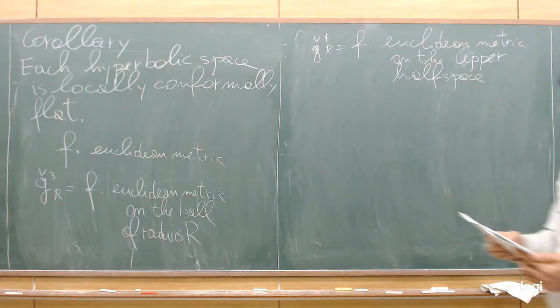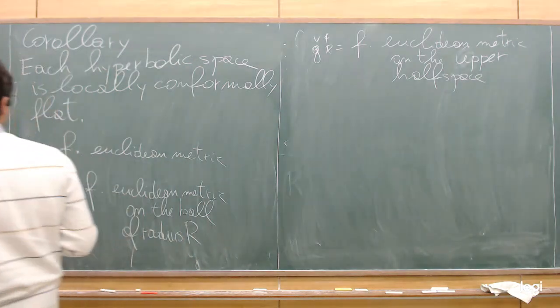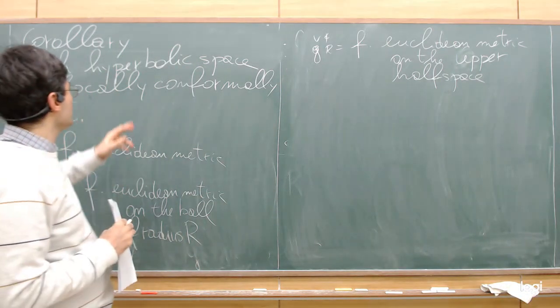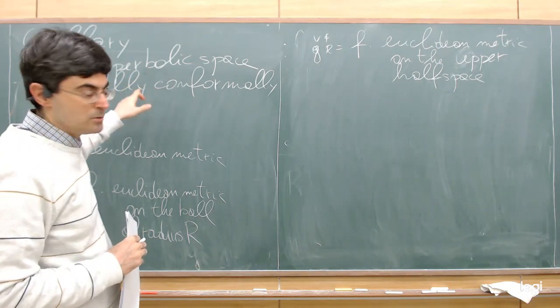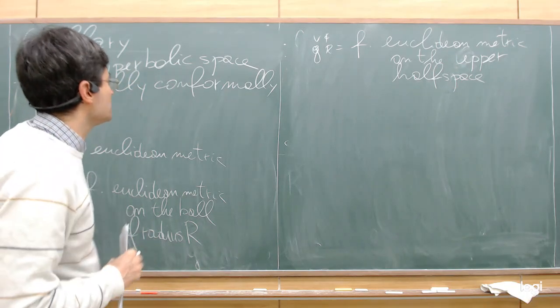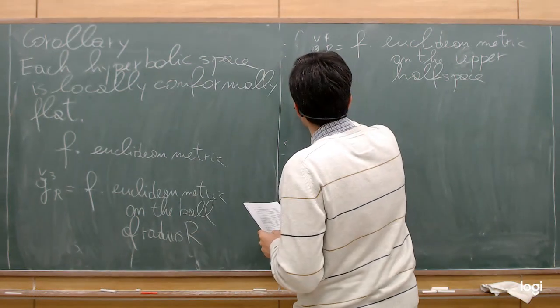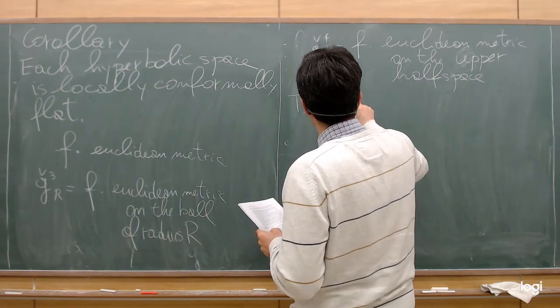Consequently, if you want to prove that there exists a conformal equivalence between the hyperbolic space and an open set of the Euclidean space, just use the identity map.